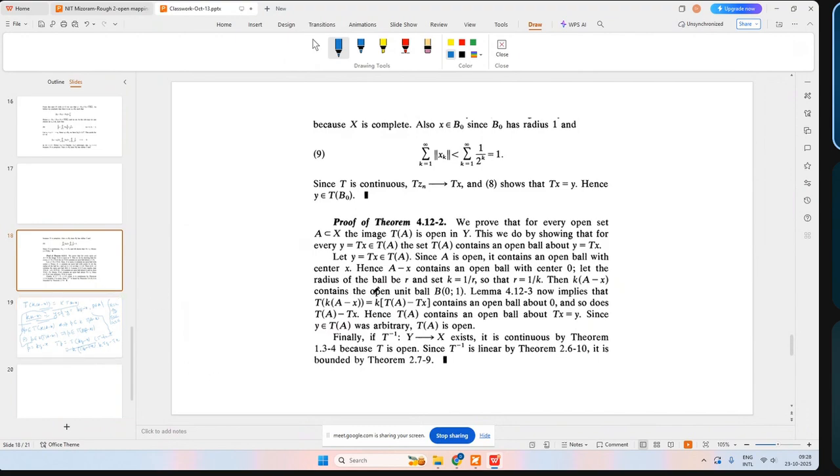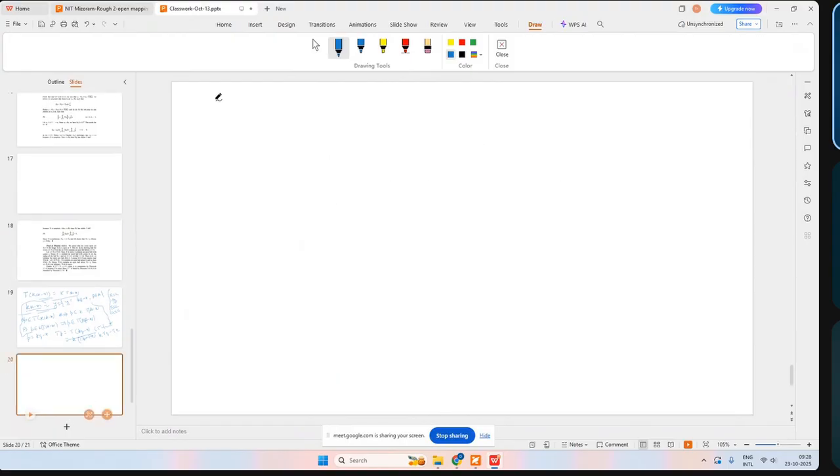Now let the radius of the ball be R. What do you mean by radius of the ball be R? Again, what you are using here is the fact that you take X in A. A is open, it's given. What are we trying to show?